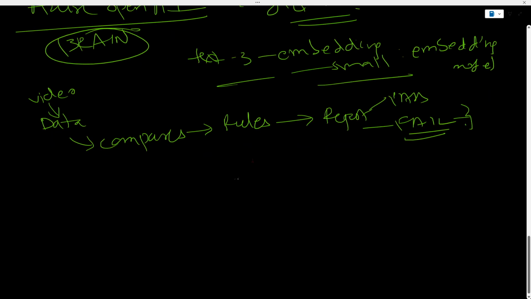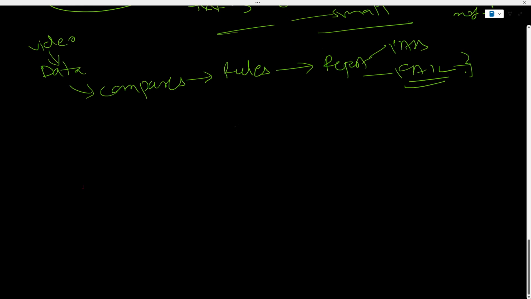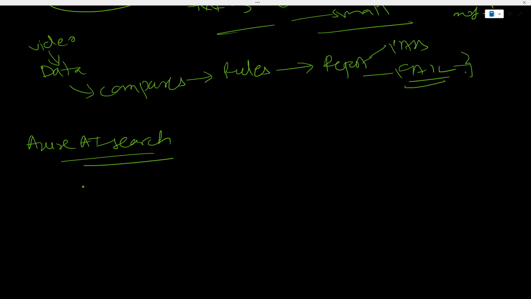If you look at the other component, if you just go back to the architecture, there is also something called Azure AI Search. Azure AI Search is nothing but, you can think of this as a vector DB service.